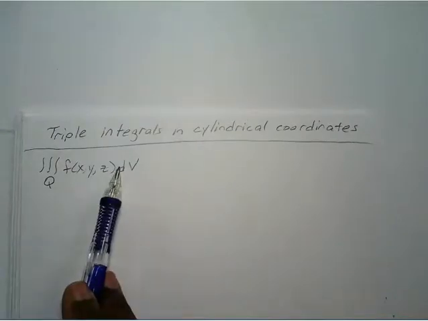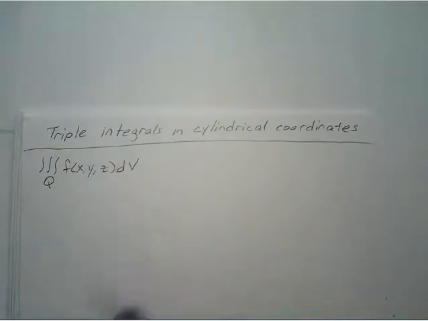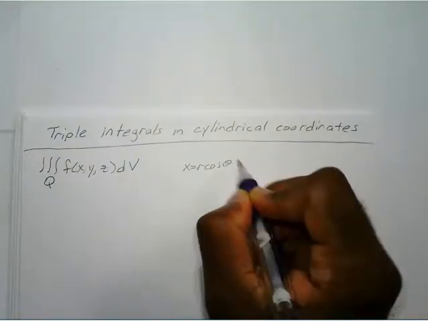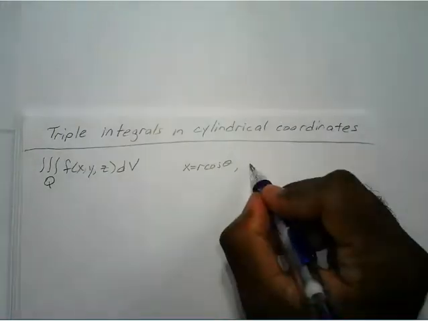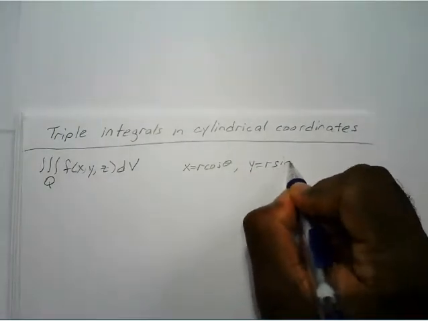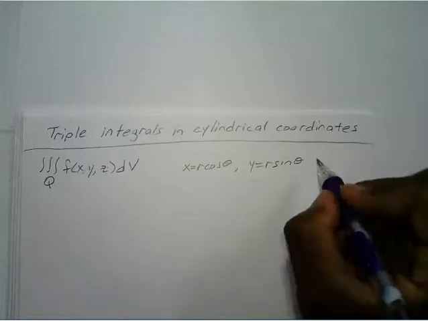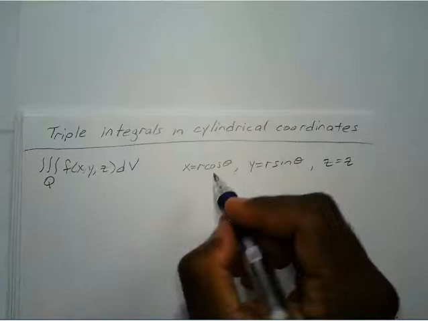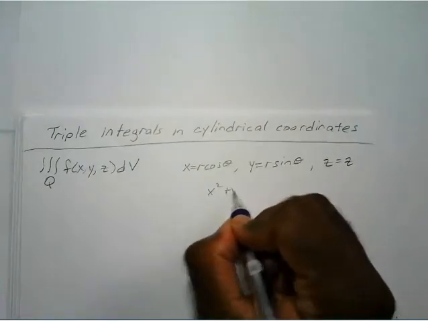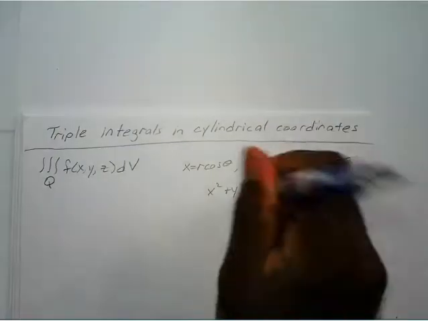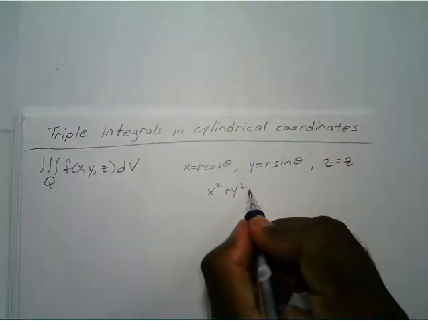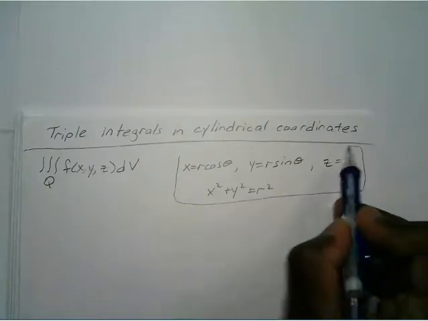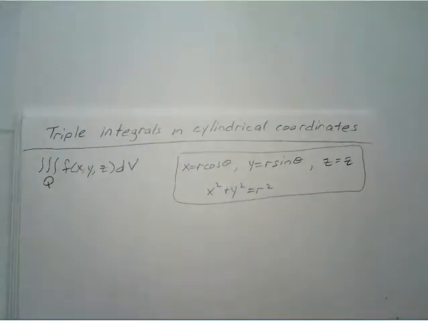Now, in order to convert these to cylindrical coordinates, remember that x is equal to r cosine of theta, y is equal to r sine of theta, z is just equal to z or f of xy, and x squared plus y squared equals r squared. Okay, you're going to have to remember all of those because they will come in quite handy.